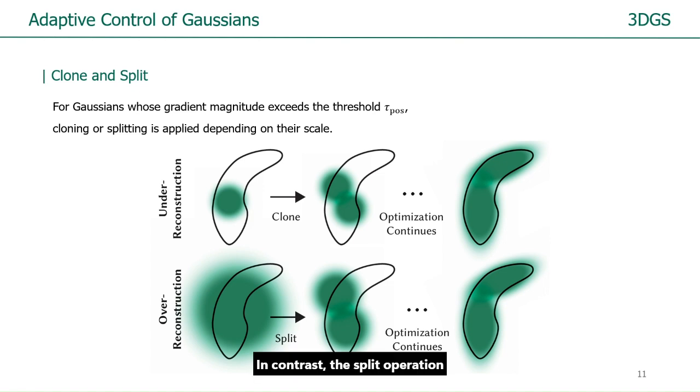In contrast, the split operation divides a large Gaussian into two smaller Gaussians. Each new Gaussian has its scale reduced by a factor of 1.6. Their positions are determined by sampling two center positions from a probability distribution defined by the original Gaussian PDF.